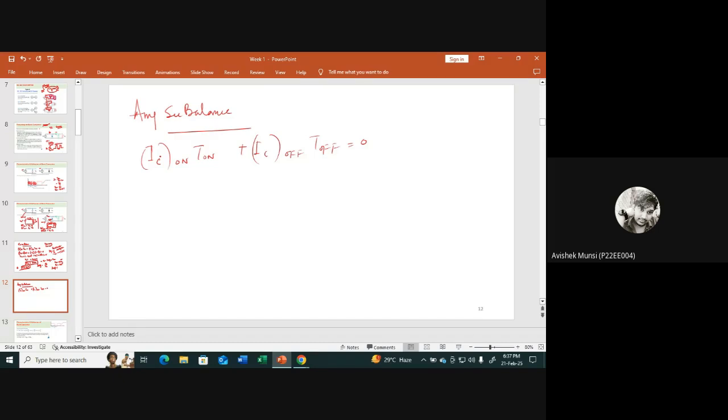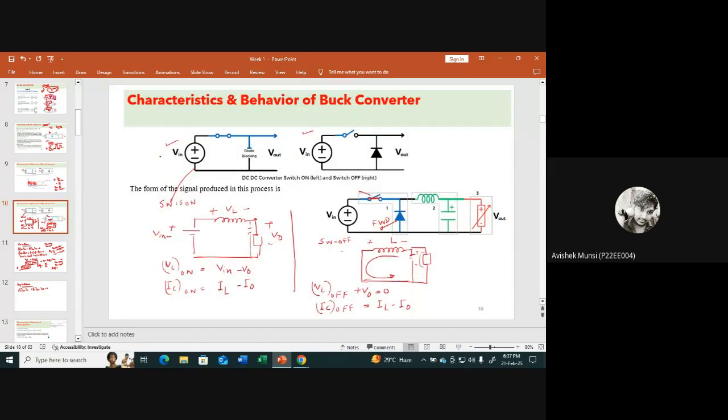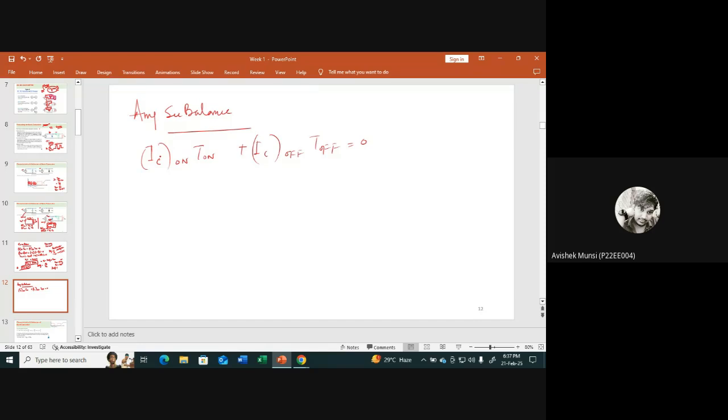So if you see the result, IL minus I0, in both cases we get the same. So this is (IL minus I0) of dT plus (IL minus I0) of (1 minus d)T. So from here you can see that IL minus I0 equals 0.